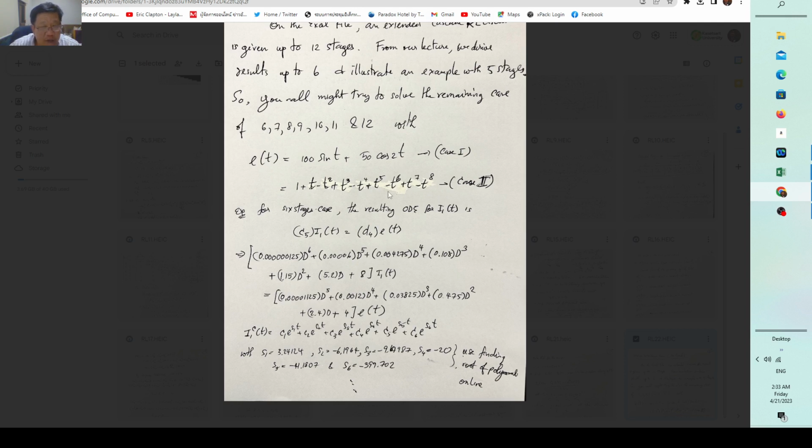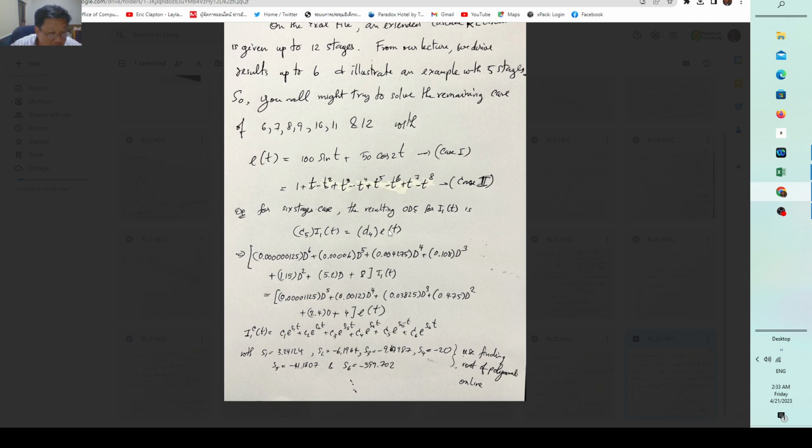Just combine these two inputs together. It can be the third case, the hybrid case, whatever. So you can create many problems to work on and to show me.